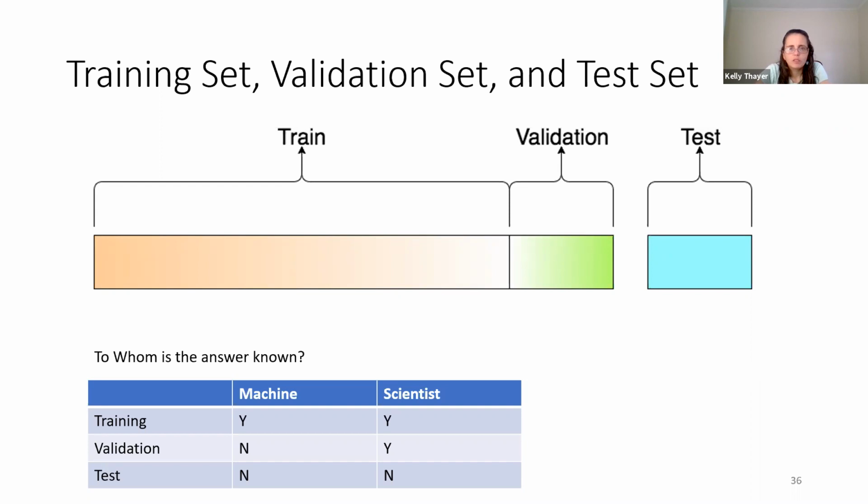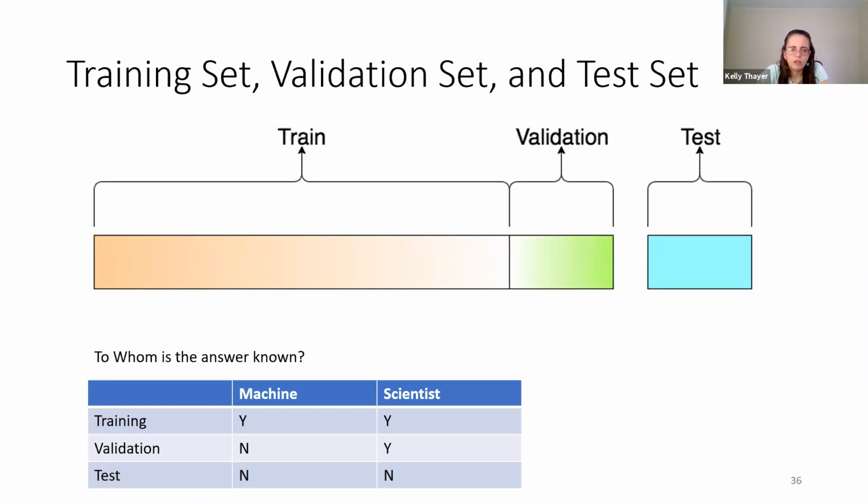What we would do then is we would use a validation set in order to find out what the answer is. The validation set is not known to the machine what the classification is, but it is known to the scientist. So if the validation set is correctly classified, it builds our confidence that the model is doing well and is not overfit.